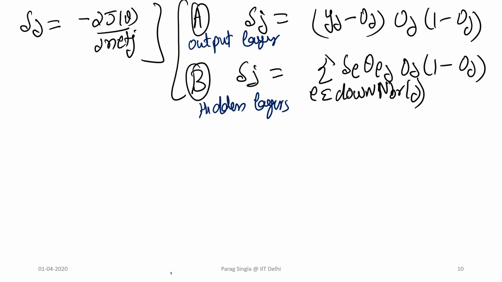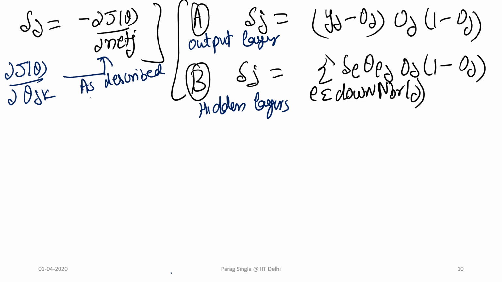Right, and we also know how to compute delta J theta with respect to the parameters theta JK, where theta JK is the weight of the interconnection from unit K to J, and this can be computed in terms of delta J theta over delta net J as described earlier.